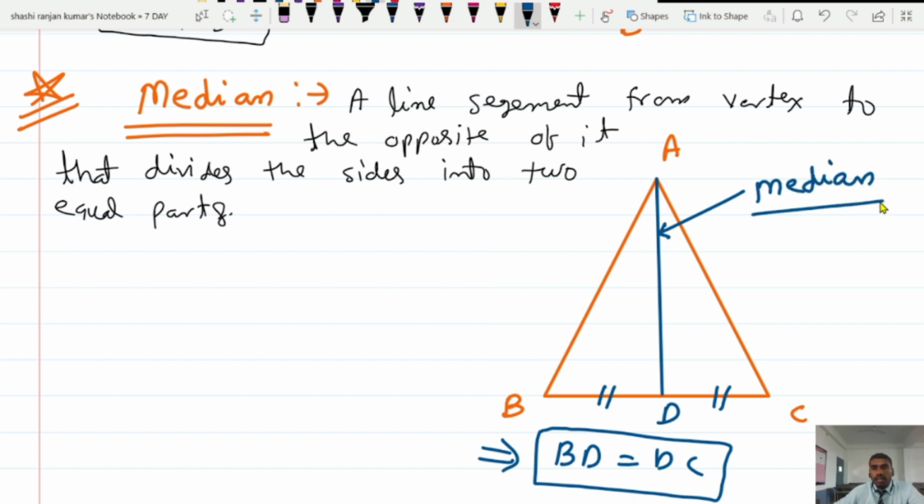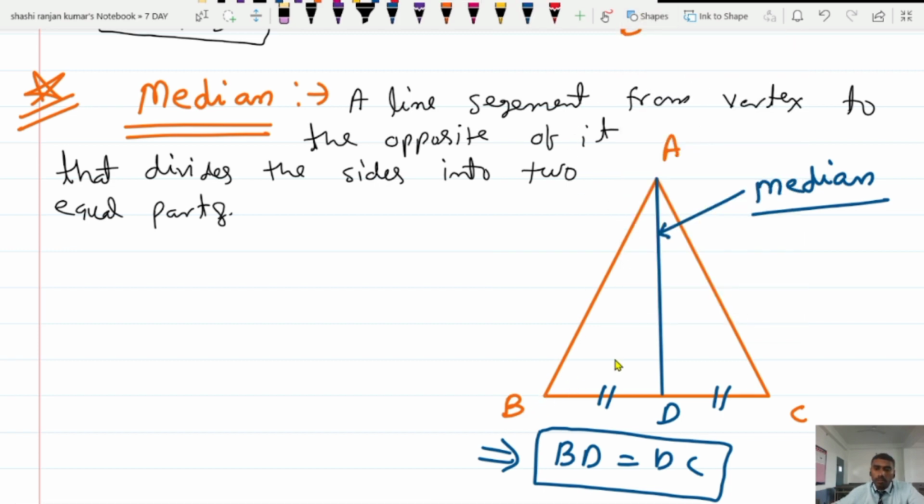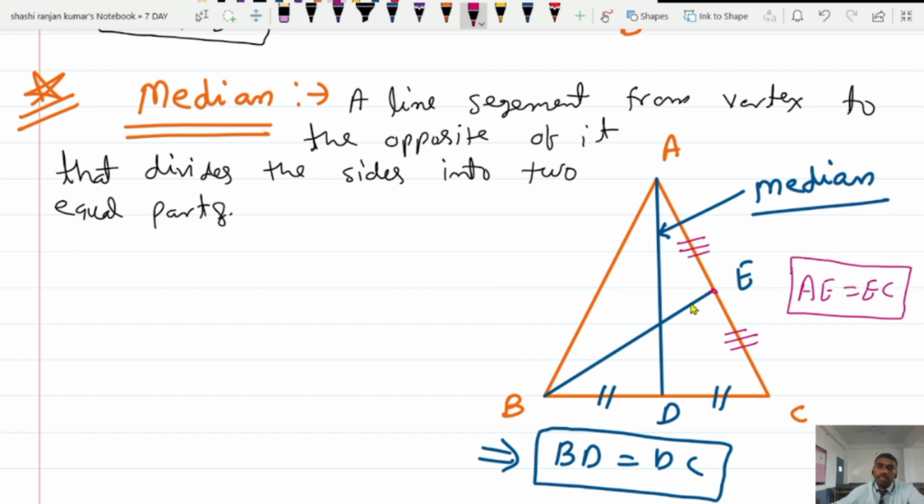In a triangle, a total of 3 medians are possible. We can also draw the median from point B. Let us suppose this is the point E, such that it is also divided into two equal parts. AE must be equal to EC. So we can say BE is a median because it divides the side into two equal parts.